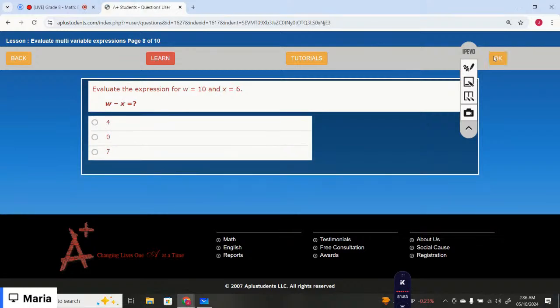Evaluate the expression for w equals 10 and x equals 6. So which is the correct option? You have to do w take away x.